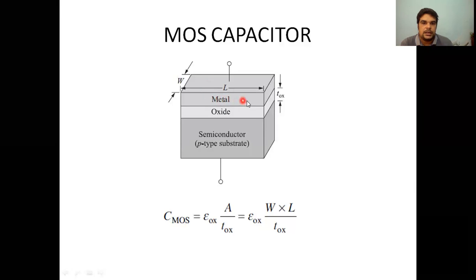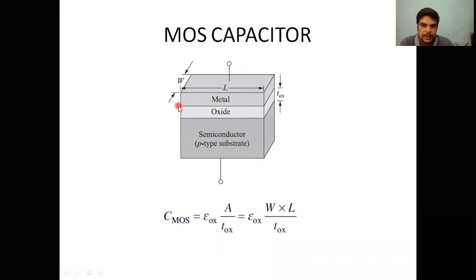We have a metal layer here, then oxide, and below that is a p-type substrate. The thickness of the oxide layer is TOX, the length is L, and the width is W. The capacitance of this MOS capacitor is given by epsilon A upon D, that is, epsilon OX, the permittivity of silicon dioxide, times the area of cross section WL, divided by the thickness of the oxide layer.